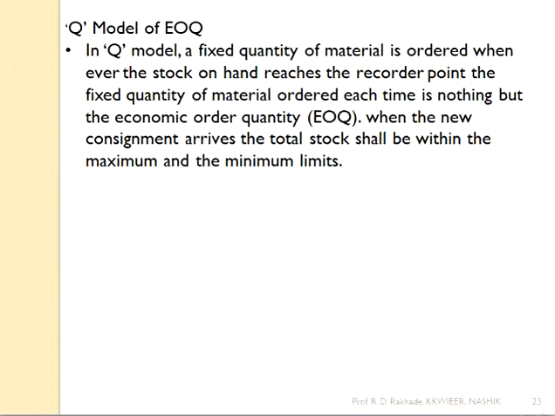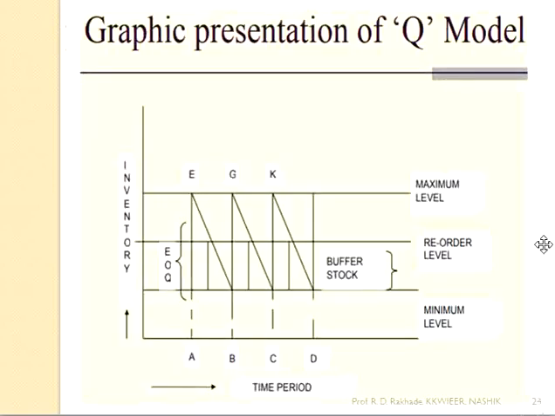In the Q model, we reorder the lot in a fixed interval of time, and in the P model we reorder the lot size according to our requirement, which does not depend on fixed time.